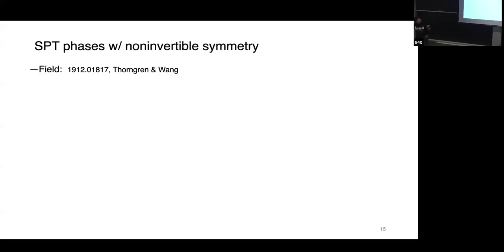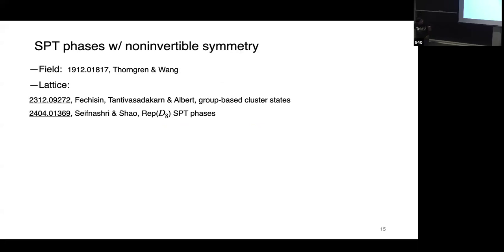This work was pioneered in Yifan and Ran's work. They studied it from the field theory perspective. And then later, there are works that followed on the lattice. In the first work, people study some group-based cluster states. On the lattice, they do not consider Z2 spins, but some general group-labeled spins.